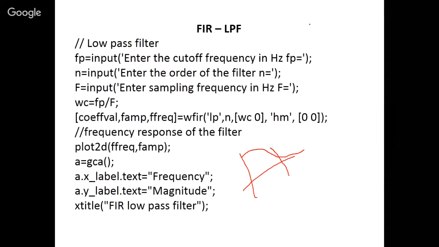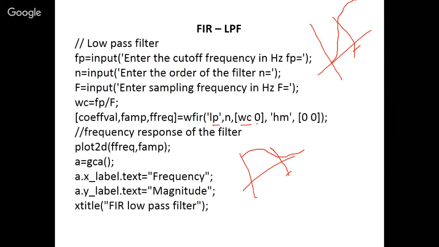Whenever we say the high pass filter, it means the higher frequencies will pass and the low frequencies will be cut off. So this is your high frequency. So here we want one cutoff frequency, and here also one cutoff frequency. For the low pass filter and for the high pass filter, only one cutoff frequency we have to give, that is WC, whatever frequency you want to give, and the other parameter will be 0, right, for LP and for HP.